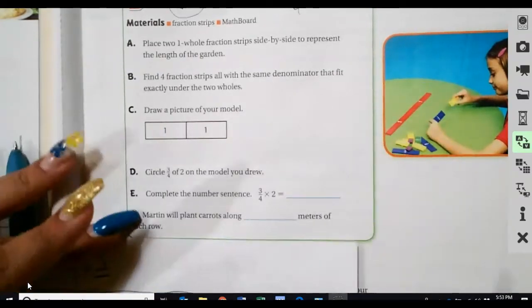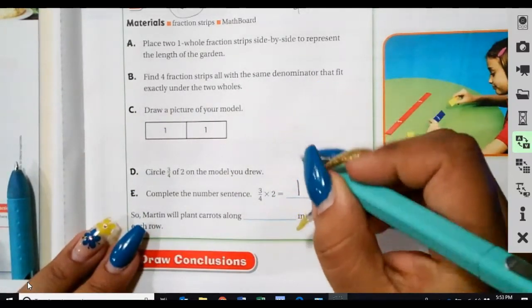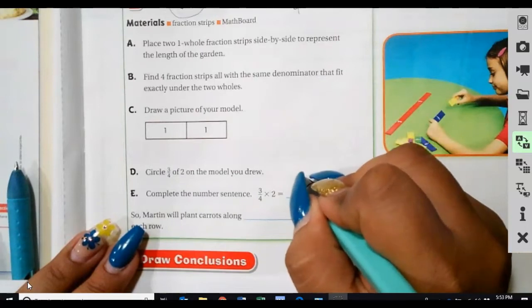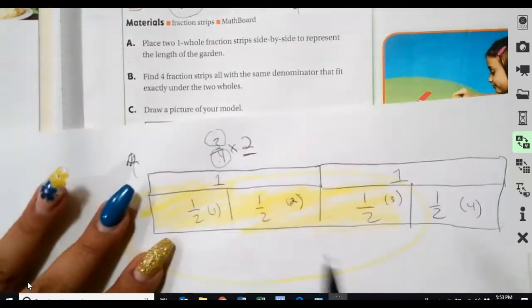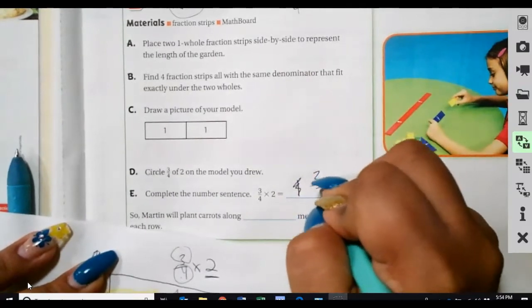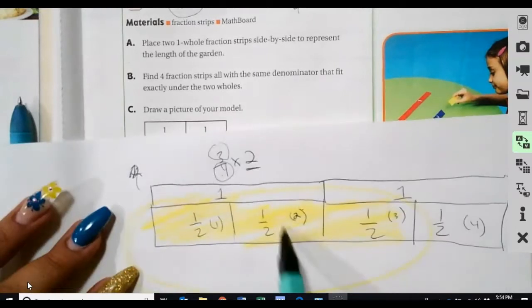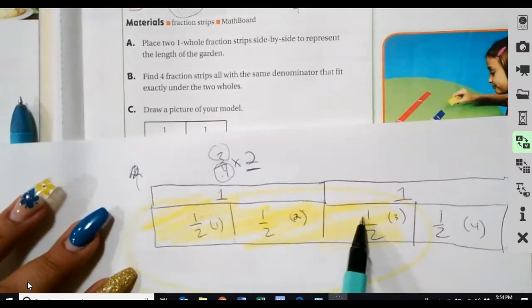So then that means that my answer is 1 and 1/2. Or you could just say 3/2, right? Let me put that 3/2. I have 3/2, but that is equal to 1 and 1/2.